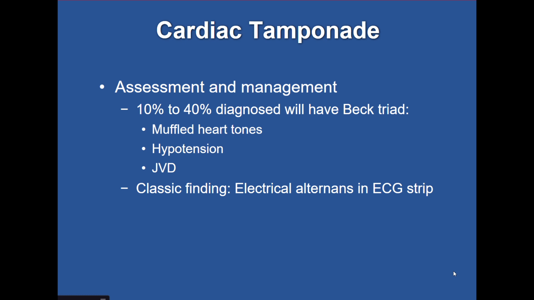A finding that is much more common is electrical alternans, and that's where you'll actually see a difference in the size of your QRS complex between your different beats. So you might have one QRS complex that's very small, and then you might have one that's much larger.